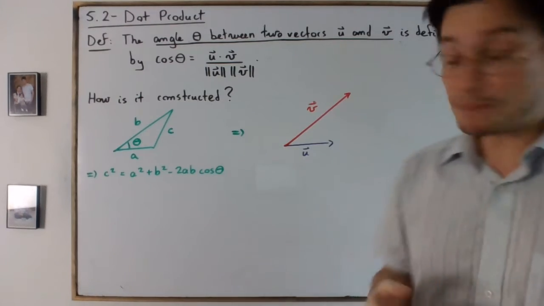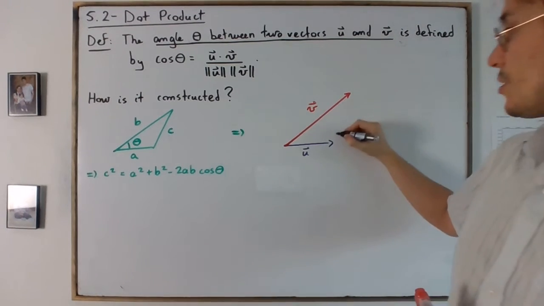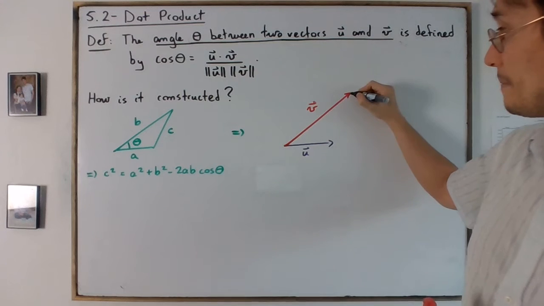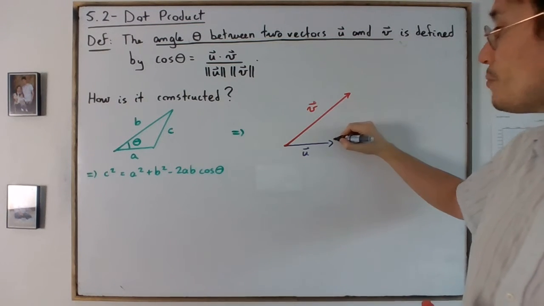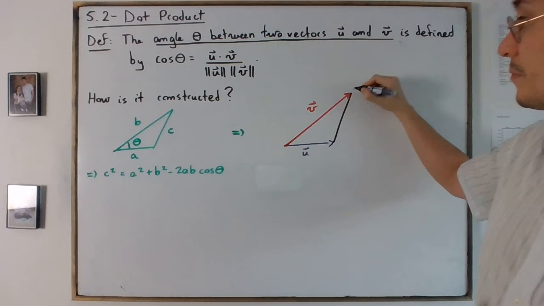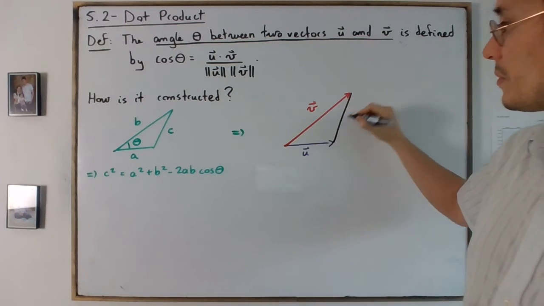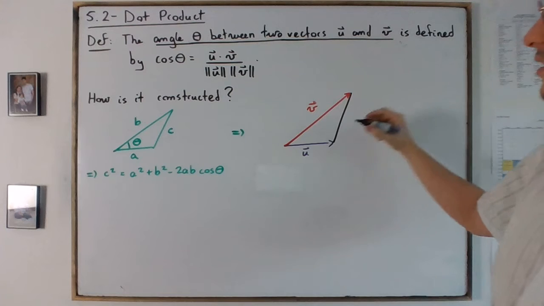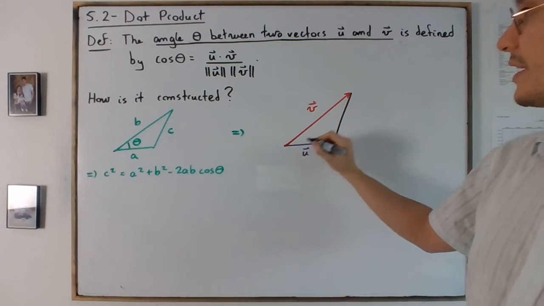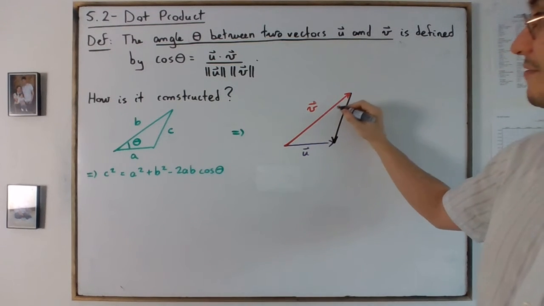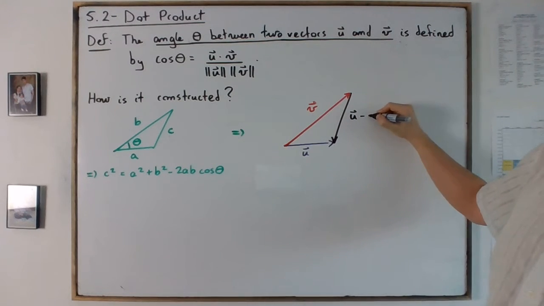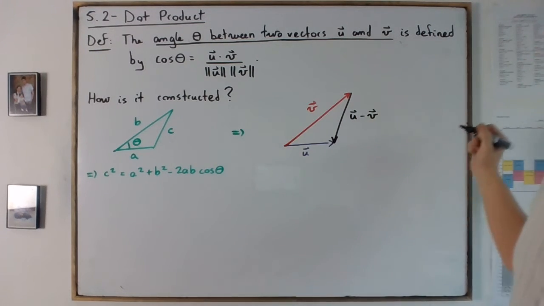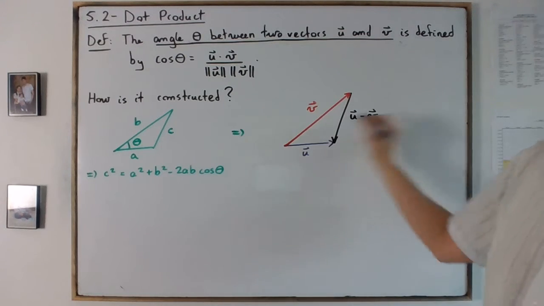And then the vector in between, this vector right here, will be u minus v. I just need to be careful here. Yes, this is u minus v. So we take u, we subtract v, we get that.